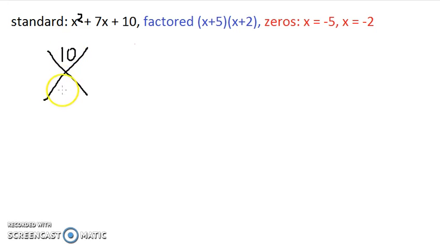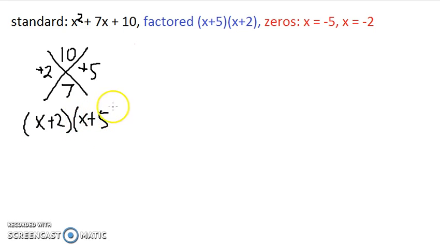Now, you won't always have to do this. Since you guys have multiple choice, this is not necessarily something you have to do, but this just lets you know they're all the same thing. So that's x plus 2 and x plus 5, which is the same thing as the factored form.